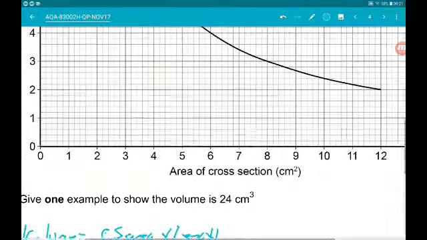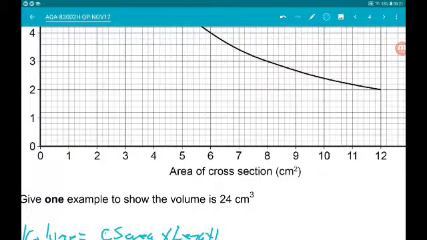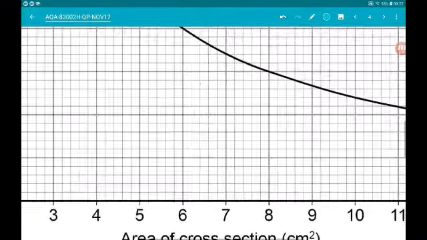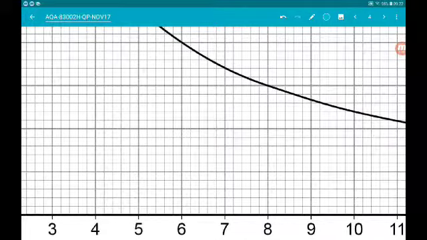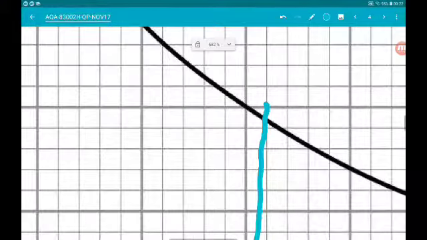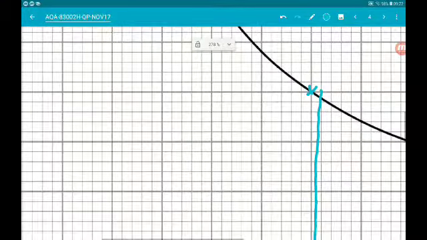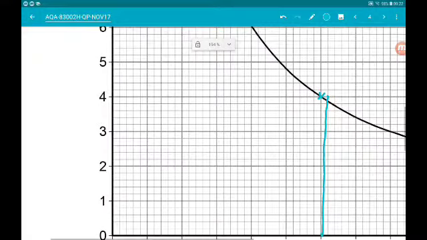So, let's just pick a value. We want to show that our volume is 24, 6 goes into 24, so let's go up from a cross-section of 6 and then go across, so we would hit there, ignore my rubbish drawing, and then let's go across to see what the length would be.